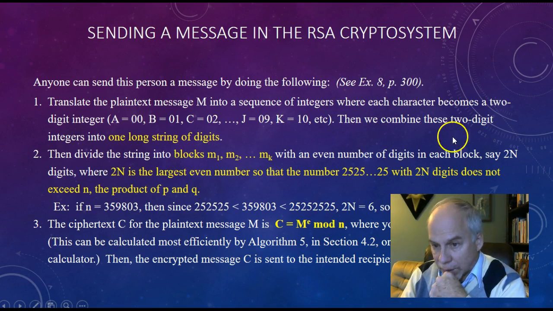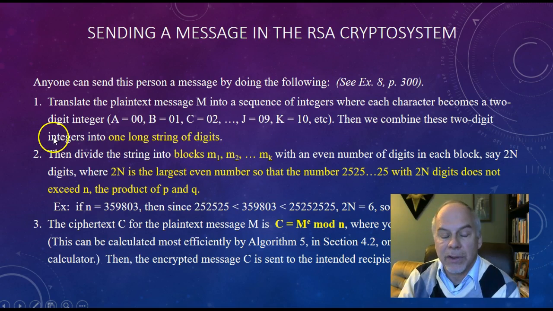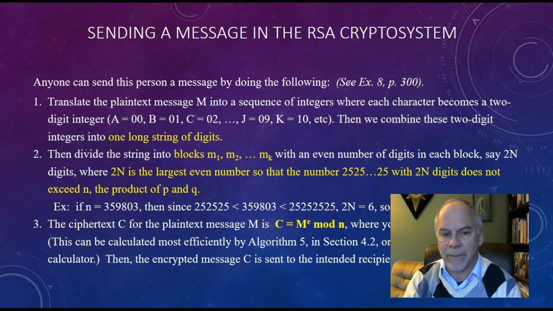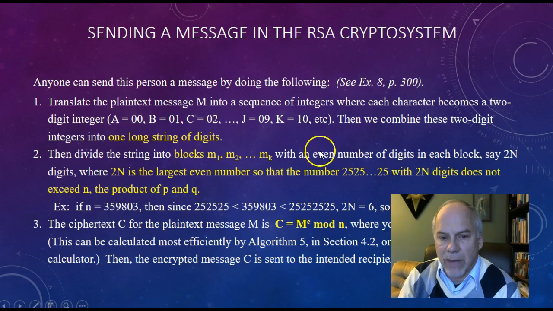Then we combine these two-digit integers into one long string of digits. So you're going to have a very long string of digits created by the message. Okay? But you haven't encrypted it yet. Now, divide the string into blocks, M1, M2, M3, all the way to MK, with an even number of digits in each block, say 2n digits.